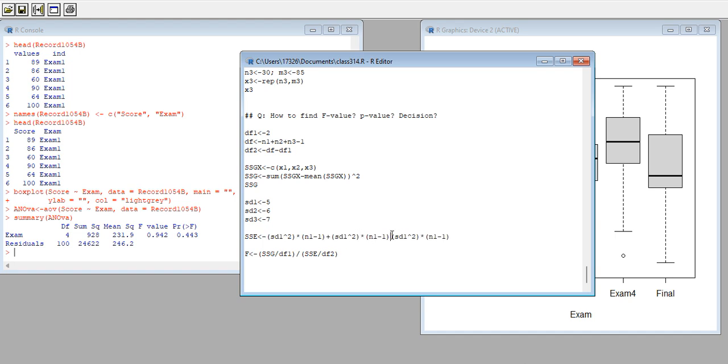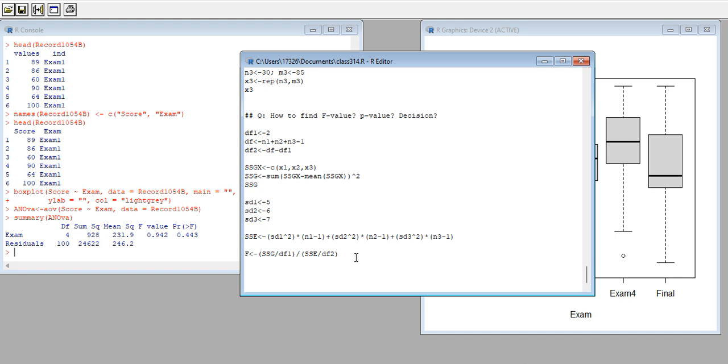So I just change it a little bit. I change this to 2, so change this to m2 and SD3. So SD3 squared, the variance multiplied by the degree of freedom, is just the numerator part. So this is SSE.